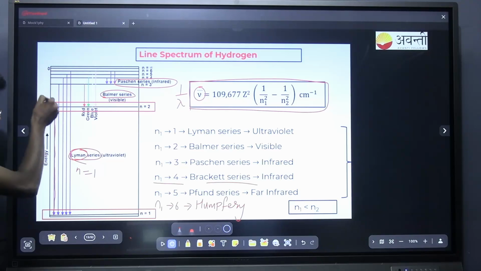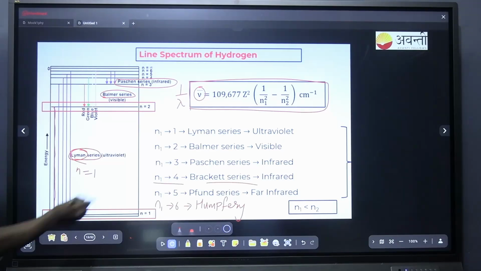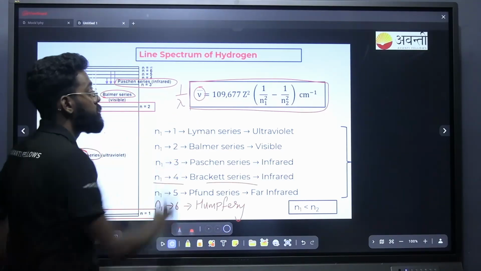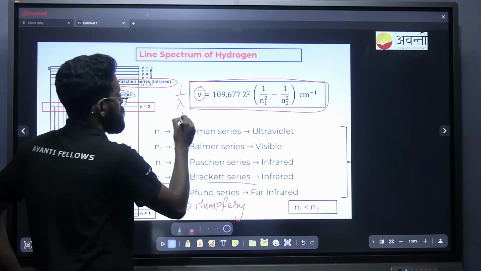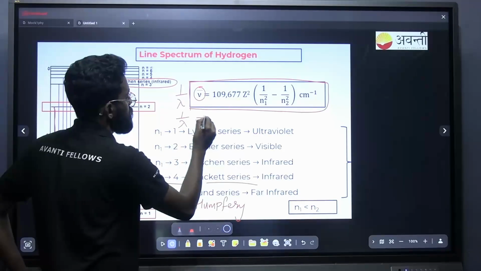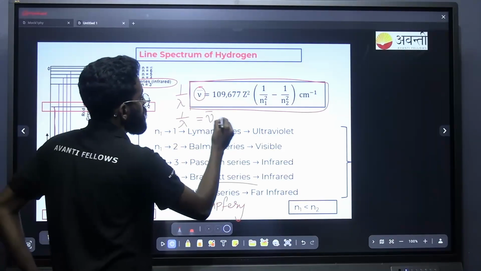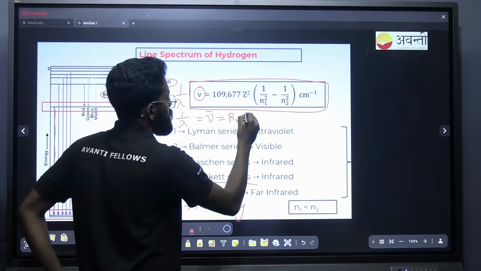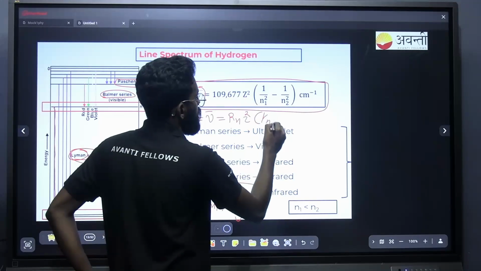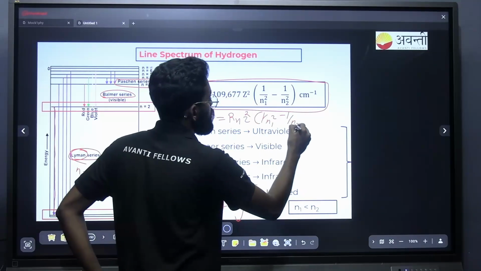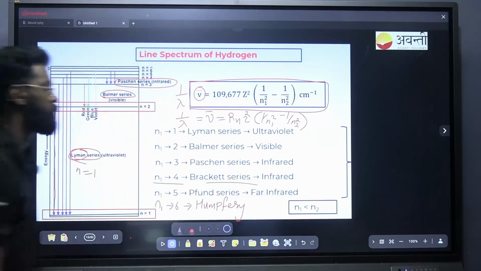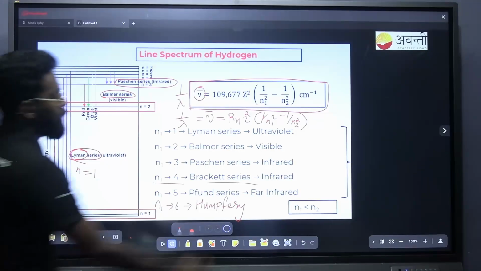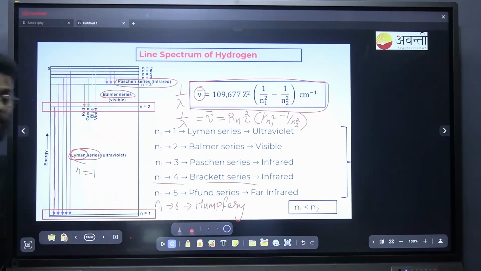We should know the wavelength of this radiation, right? For calculating that we have a formula called the Rydberg formula, and by shortening it, I can write wave number is equal to R_H times (1 by n1 square minus 1 by n2 square). Very important formula, in which n1 is the lowest value and n2 is the highest value.